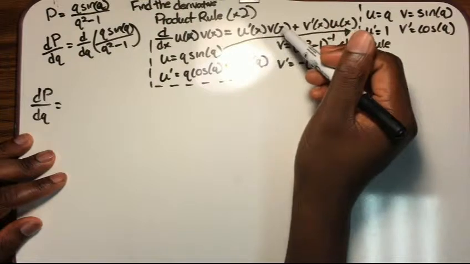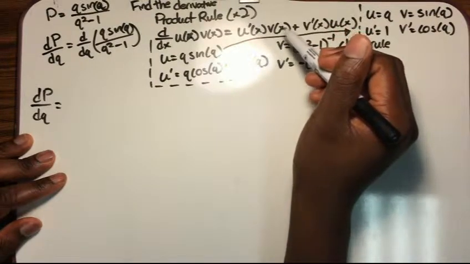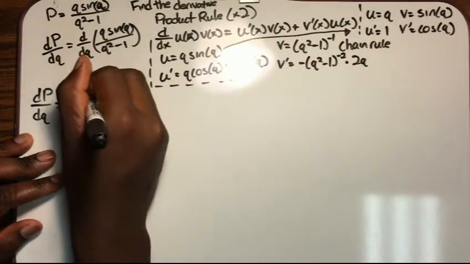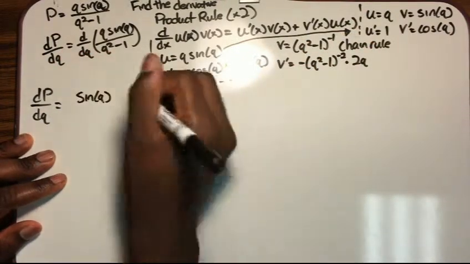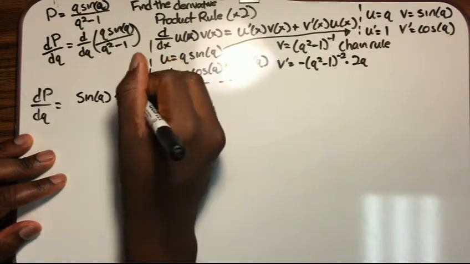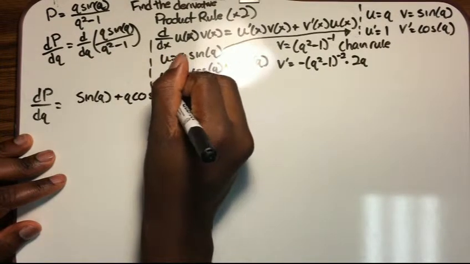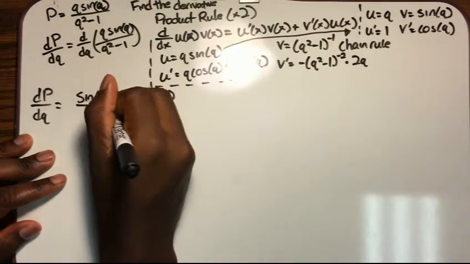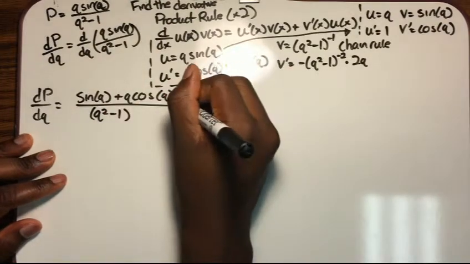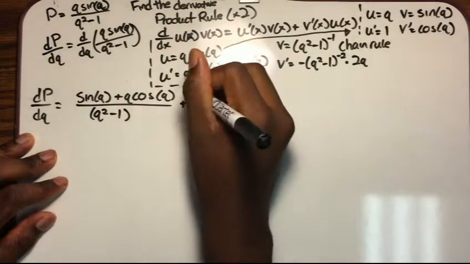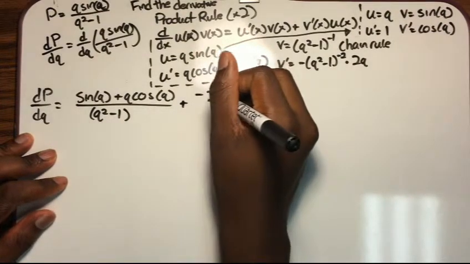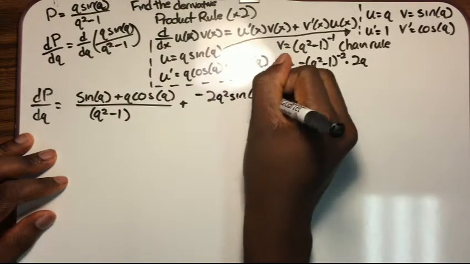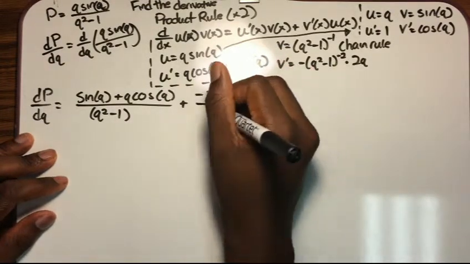So dp/dq will equal u prime of q times v of q, which equals this, sine of q plus q times cosine of q over v, which is q squared minus 1.